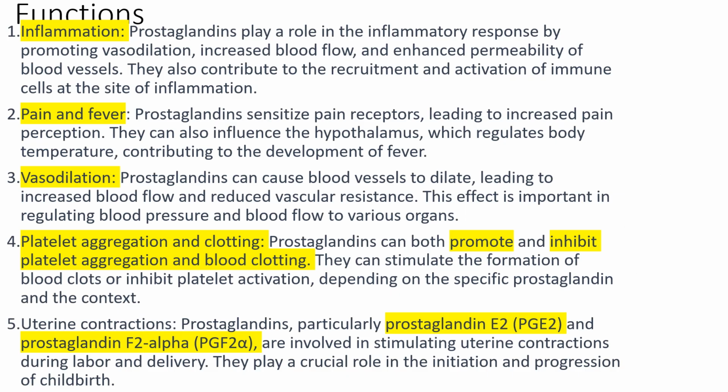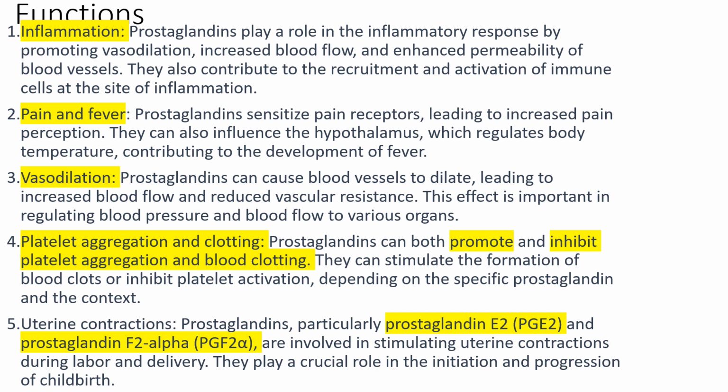Now, function. First and foremost is inflammation. Prostaglandins promote the inflammatory response by promoting vasodilation, increased blood flow, and enhanced permeability of blood vessels. They also contribute to recruitment and activation of immune cells at the site of inflammation.